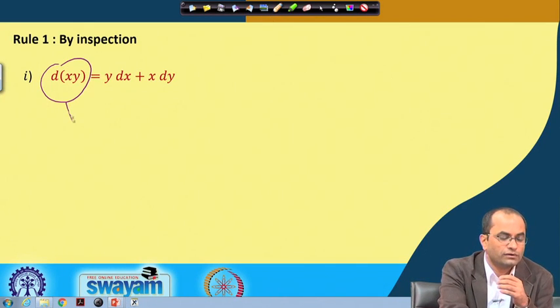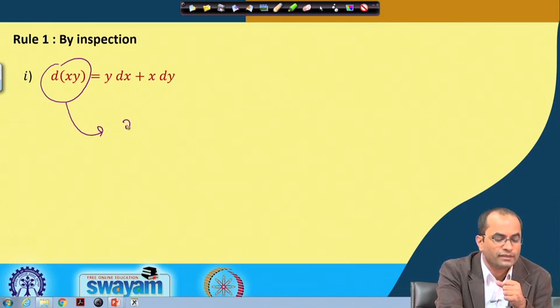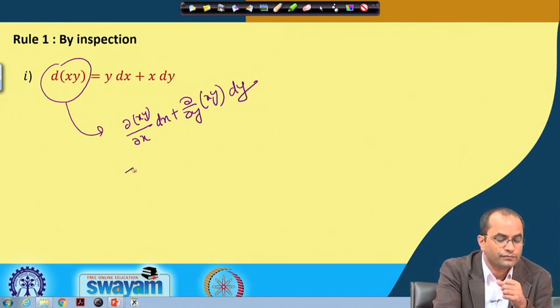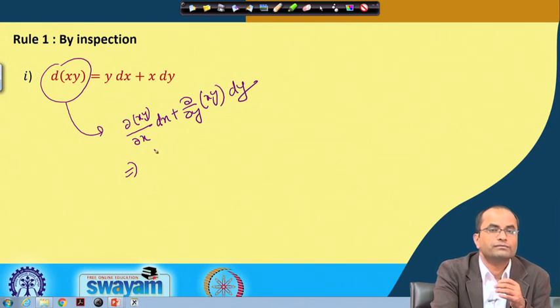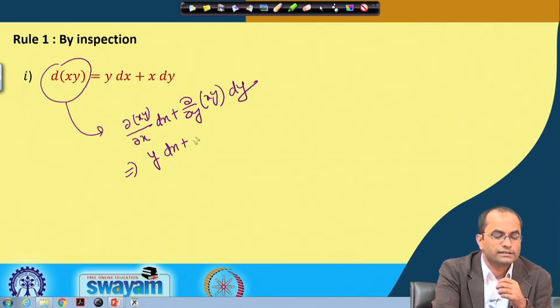The differential of xy, as per the definition, is del over del x of the function times dx plus del over del y of the function times dy. The partial derivative of xy with respect to x gives y dx, and with respect to y gives x dy.